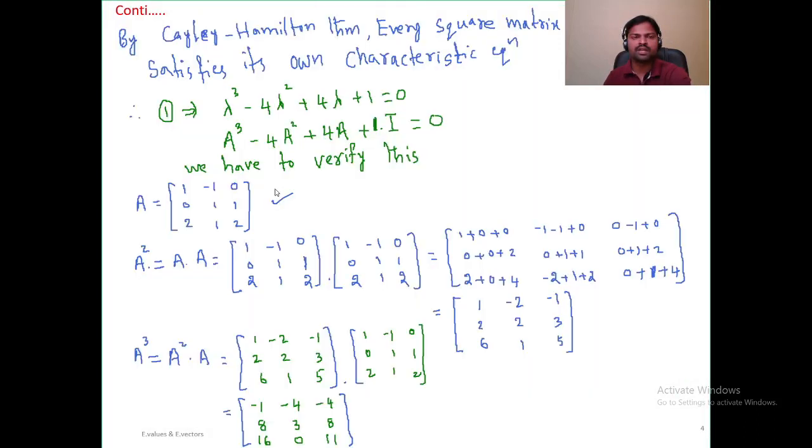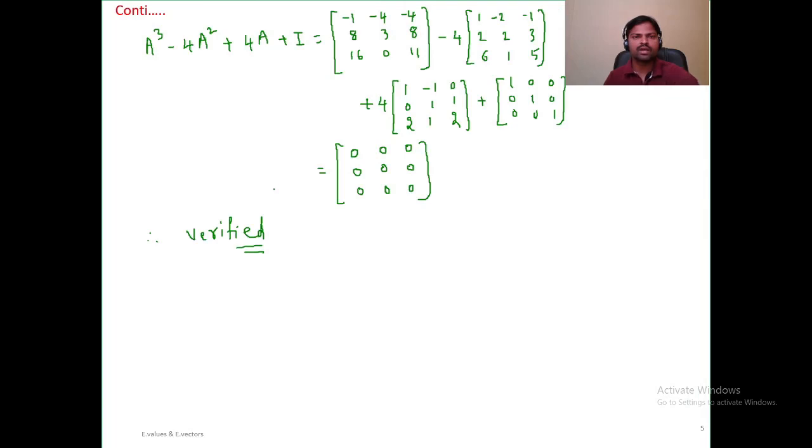The square matrix A satisfies its own characteristic equation, that is, the matrix A satisfies its characteristic equation.